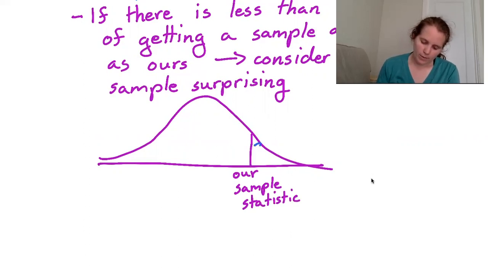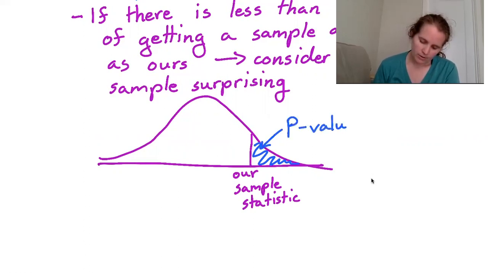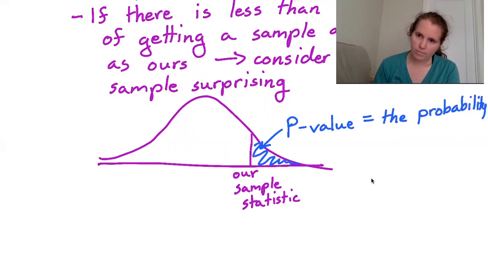We look for the probability of being as extreme as our sample. Another vocab word I haven't used before, but you will see, this is the p-value, which is the probability of getting a sample as extreme as ours.